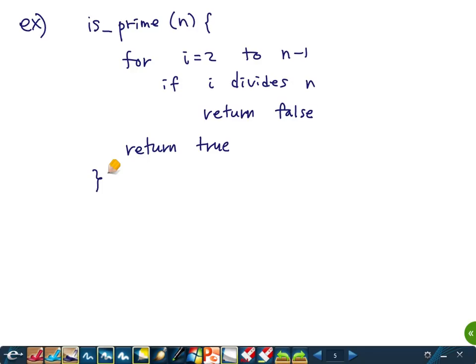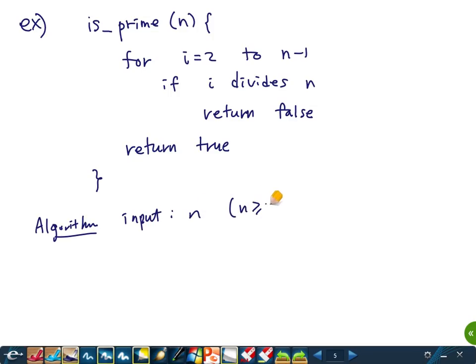So this is an algorithm. What is an input? Input will be a positive integer greater than 1, I would say. Okay. Maybe I should have written this a little earlier. So this is the algorithm. Input is n.